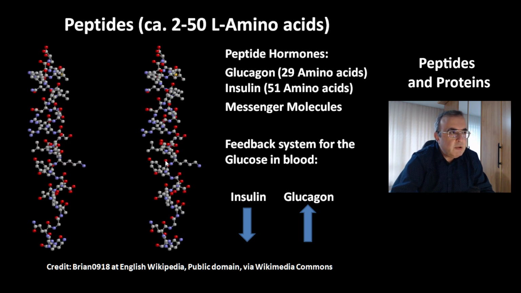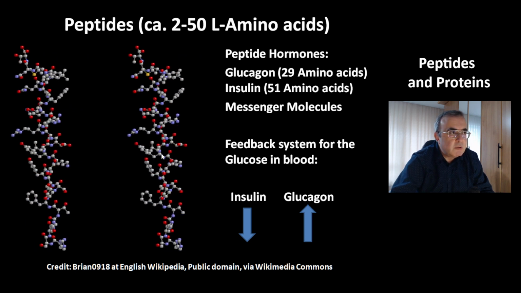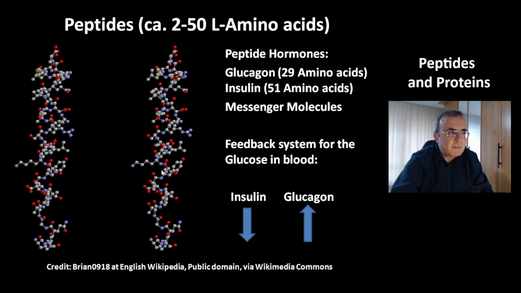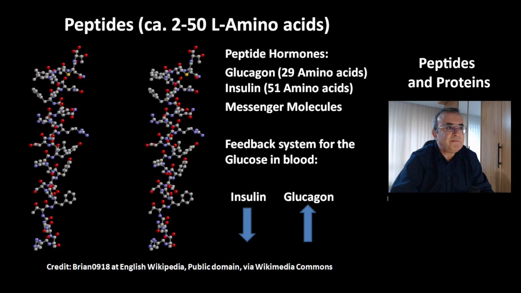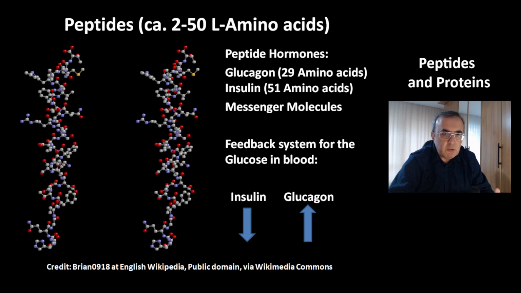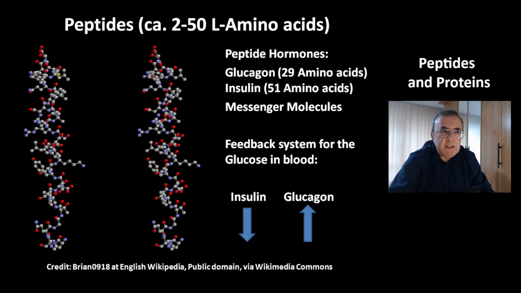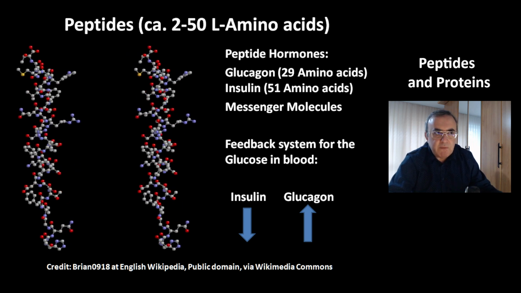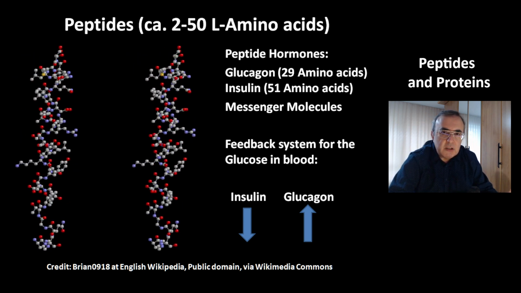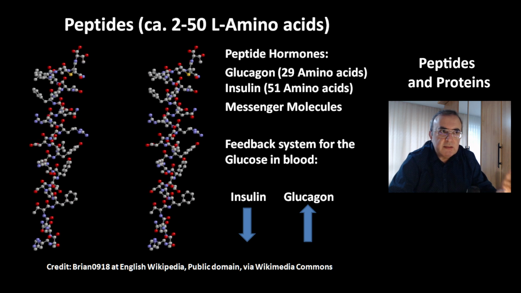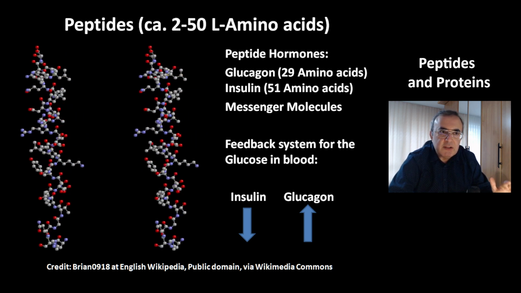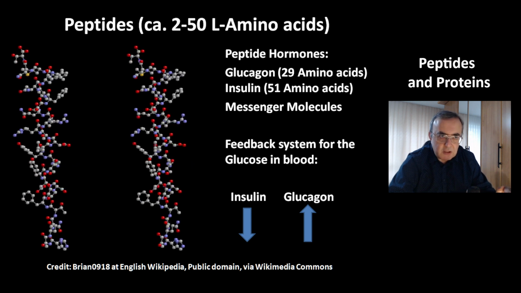And you can see the blue atoms are nitrogen. That's the amide group. Here's another one. And the pair of glucagon and insulin are a feedback system for the glucose concentration in blood. Whenever the glucose concentration gets too high, then the messenger molecule insulin makes sure that the concentration goes down.